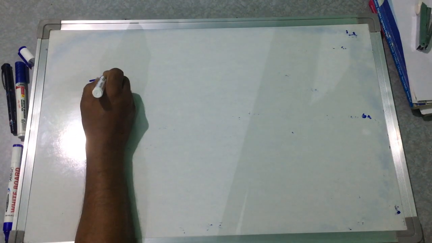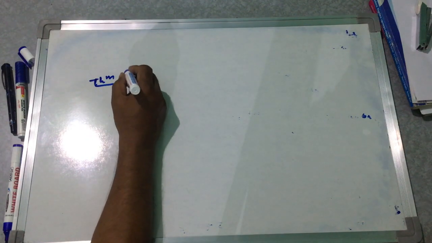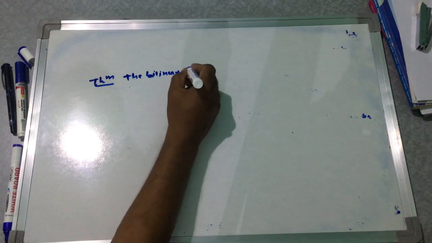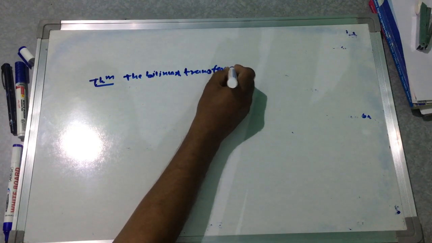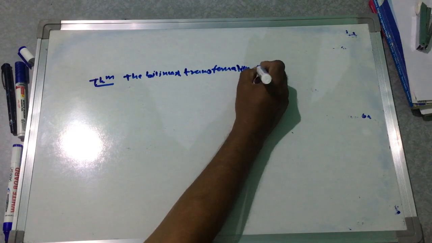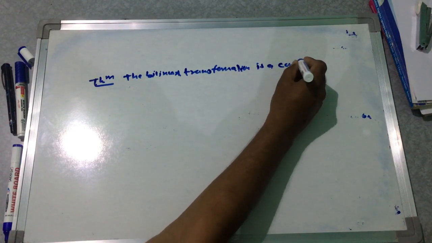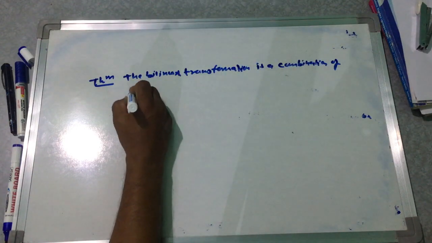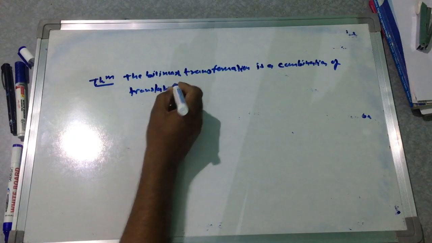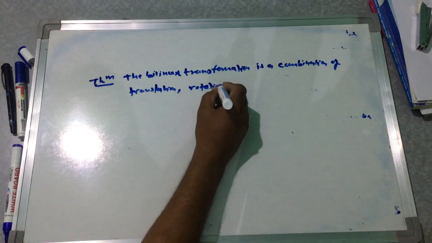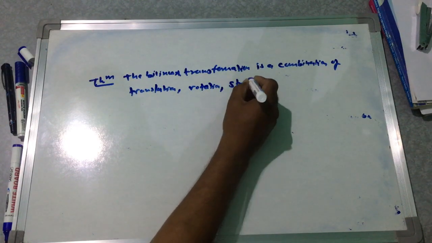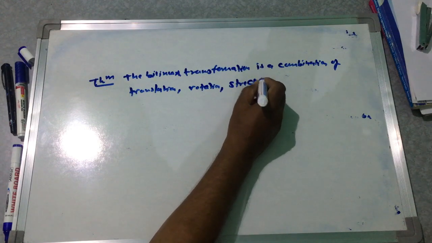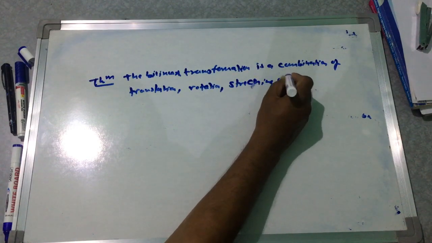Again the theorem: the bilinear transformation is a combination of translation, rotation and stretching, and inversion.